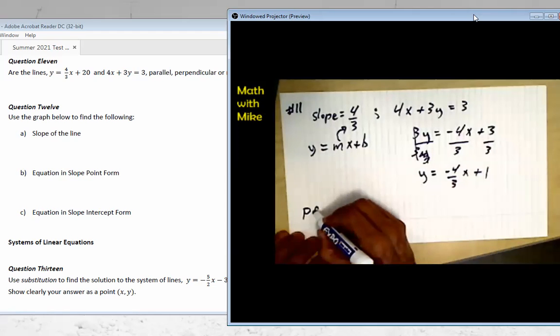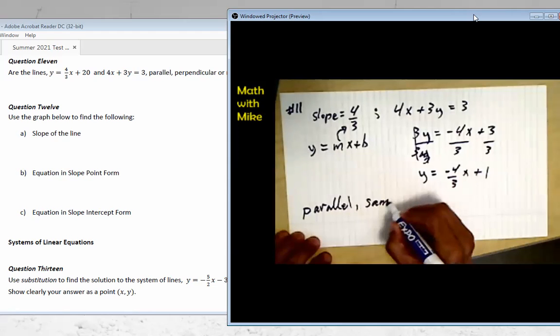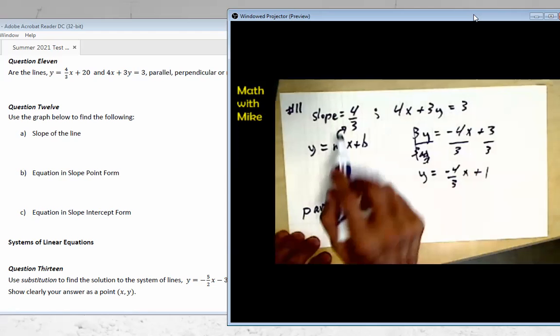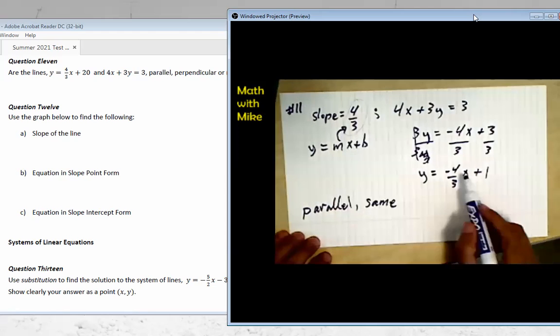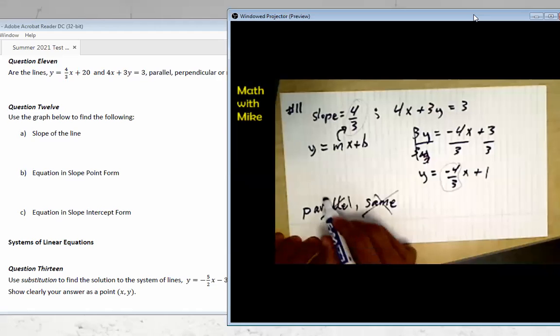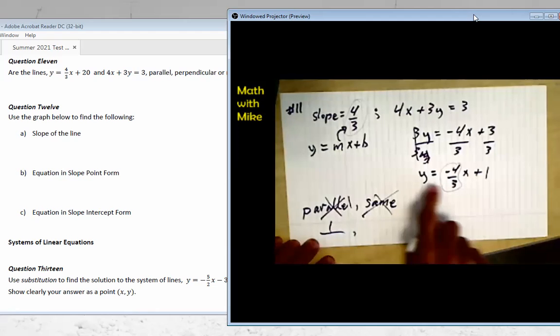Okay, so this question is about lines being perpendicular and parallel. If the lines are parallel, the slopes are the same. So we got 4/3 from this line, and we got minus 4/3 from that line. So are they the same? No. Parallel? No. Perpendicular? Not going to write it out. Going to be clever. You switch the signs, that's part of it. And so, yeah, one's a plus and one's a minus. That part's okay.